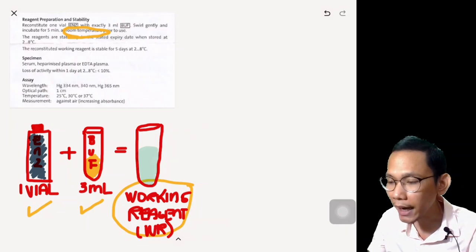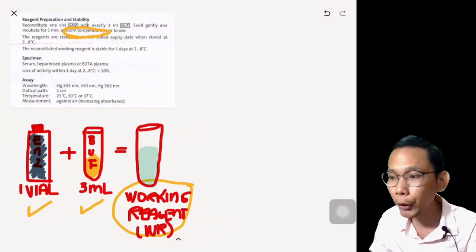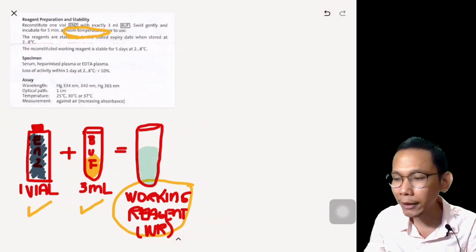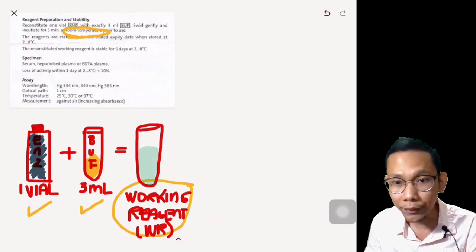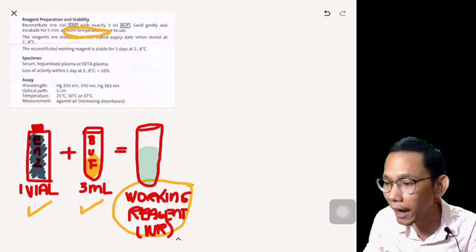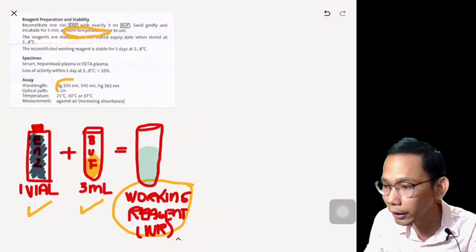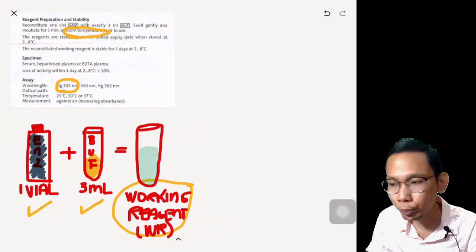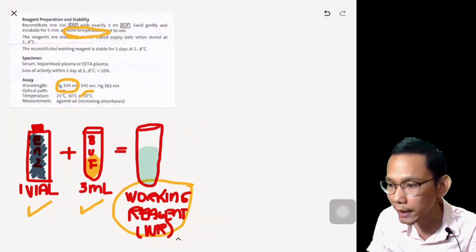For the assay, ang ginagamit natin na wavelength is either 334, 340, or 365 nanometer. So basically, depende yan kung anong gagamitin natin. For the benefit of an example, gagamitin natin ang 334 nanometer. Ang temperature could either be room temp around 25 to 30 and 37 degrees Celsius.